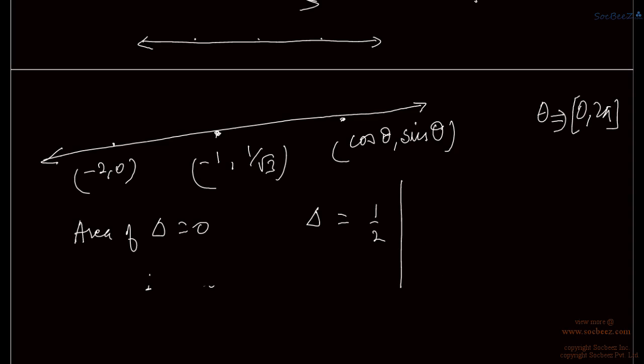The formula for the area of a triangle is half times the determinant with rows x1, x2, x3, then y1, y2, y3, and 1, 1, 1.